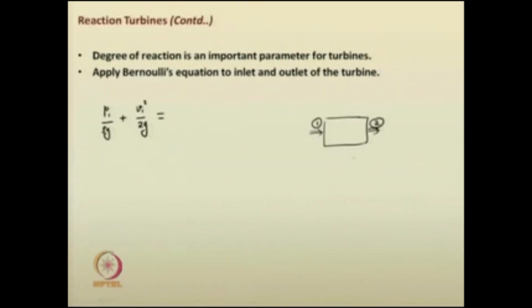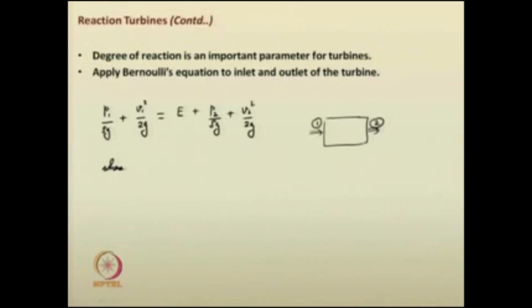Let us avoid the datum head. If you are taking the same datum in this case, you can avoid it, right. So, P 1 by rho g plus V 1 squared by 2 g is equal to, at section 2, E plus P 2 by rho g plus V 2 squared by 2 g.